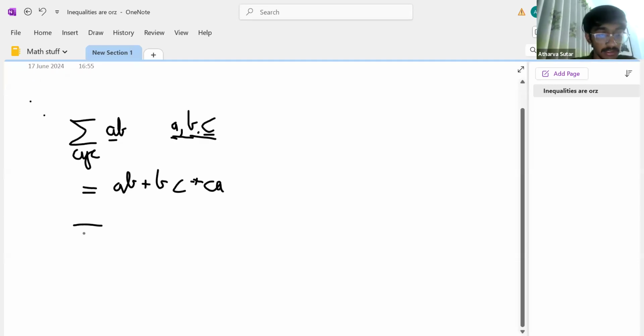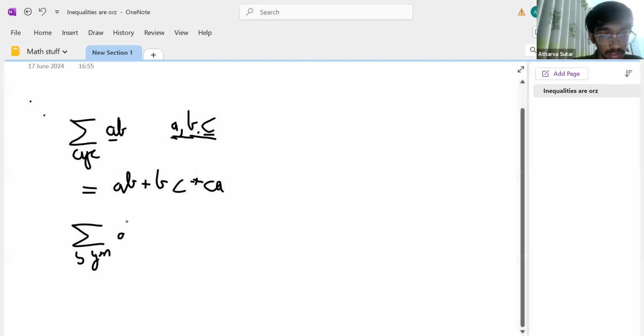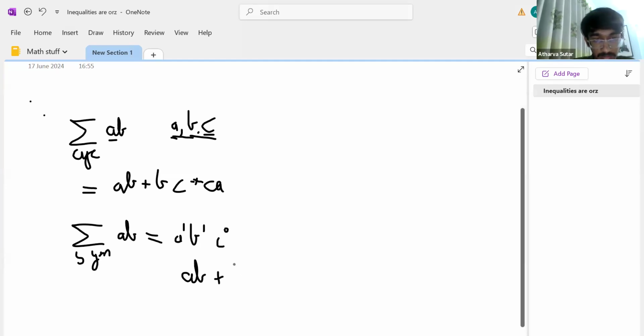And similarly, we'll define the symmetric sum of AB. It's like the cyclic sum, but instead of only starting with the A term and going in a cycle, we're taking all different combinations of the terms. We basically write this as A to the 1, B to the 1, and C to the 0. Now if you notice, there will be six possible permutations of ABC. One will be ABC, which gives us the term AB. The next one will be BAC, which gives us BA, the same as AB.